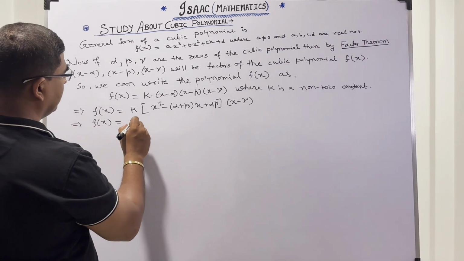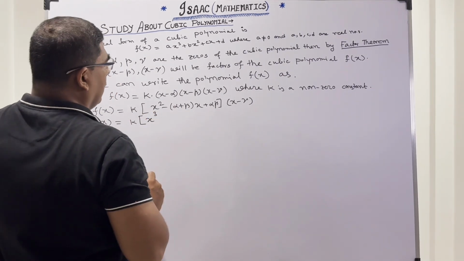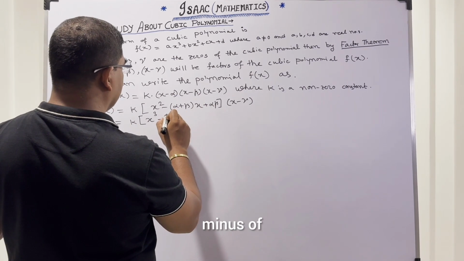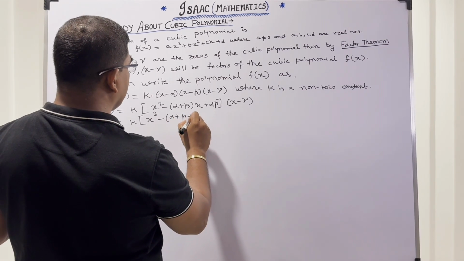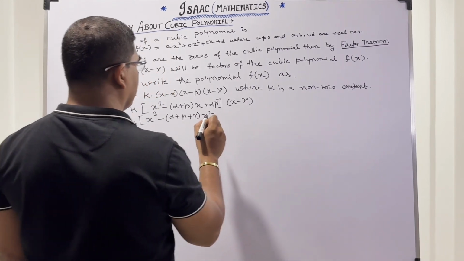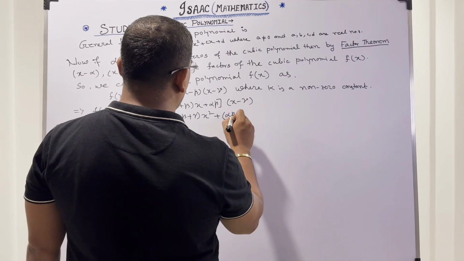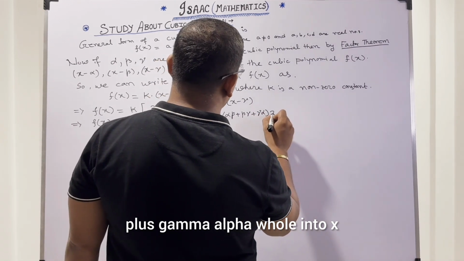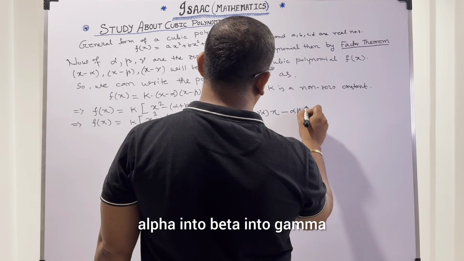So this will give k into x cube minus of alpha plus beta plus gamma whole into x square plus alpha beta plus beta gamma plus gamma alpha whole into x minus alpha into beta into gamma.